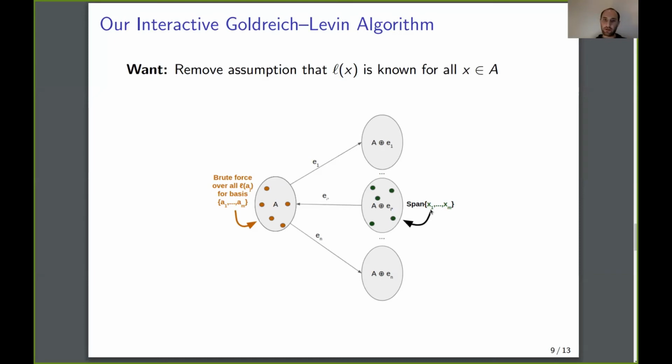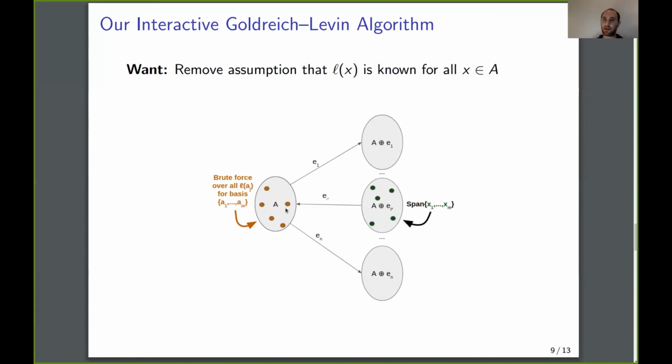So the verifier takes those samples, sees what the span is, and then figures out what A is just by shifting by Ei star. And then it's going to choose a random basis for A, and send that random basis of A to the prover.